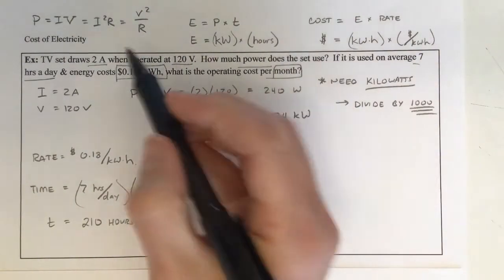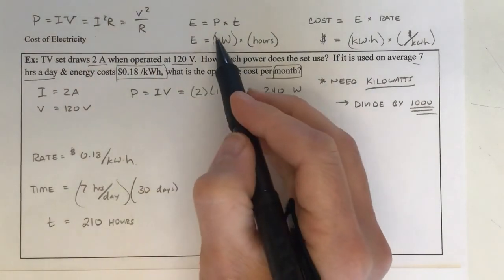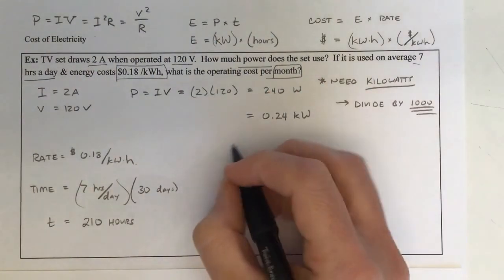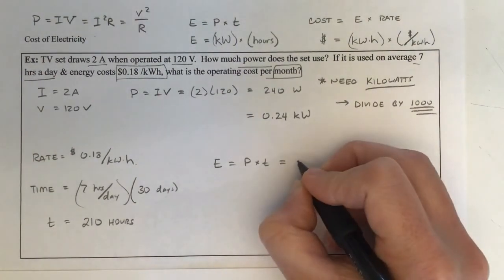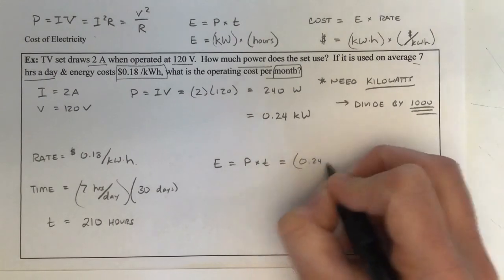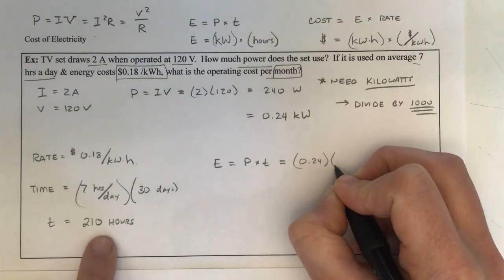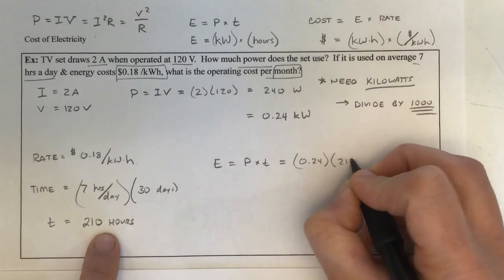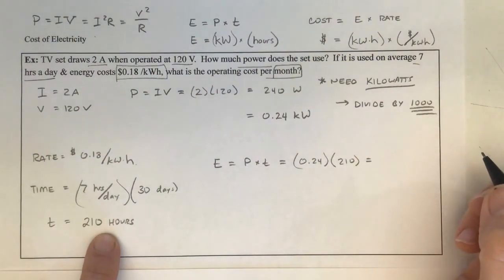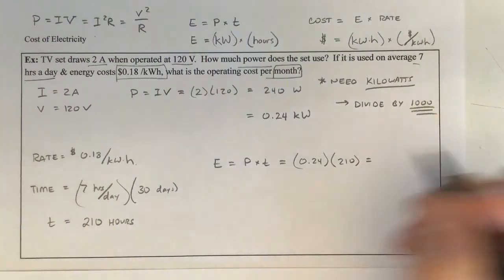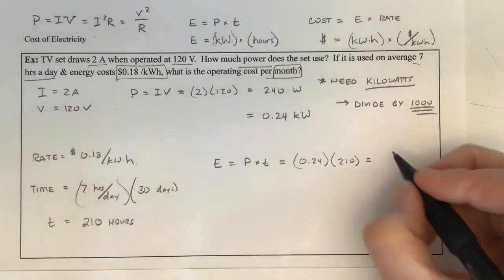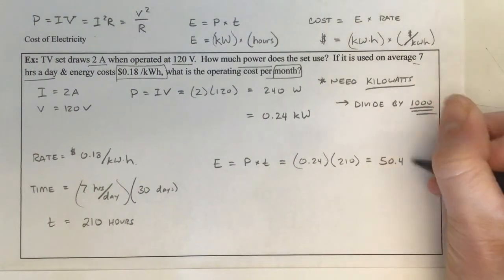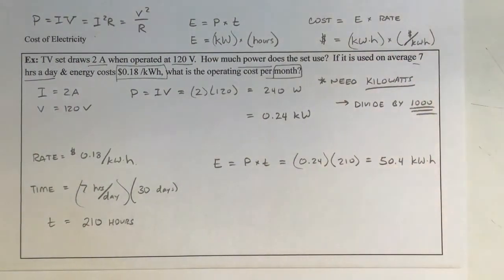Okay, so I figured out my power. That's my step one. My step two is figuring out my energy value. So energy is equal to power times time. I've got my 0.24 kilowatts times my time in hours, 210 hours. I multiply those two together, 0.24 times 210, and that gets me 50.4 kilowatt hours.